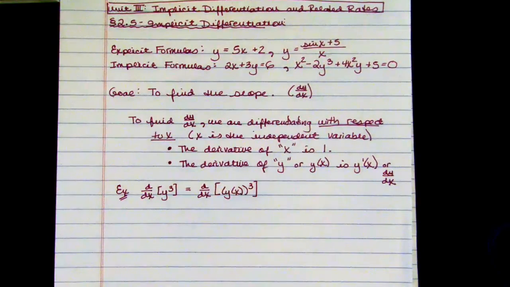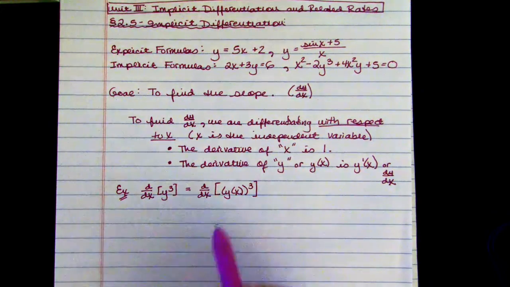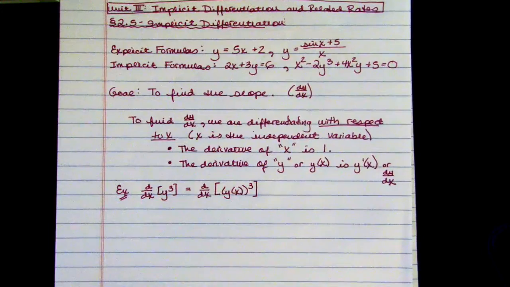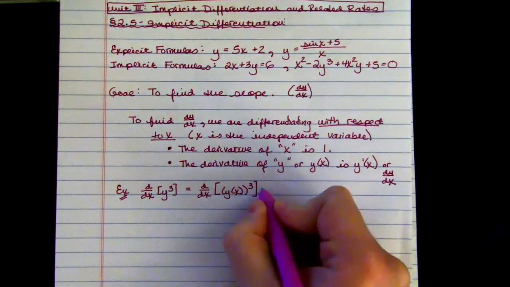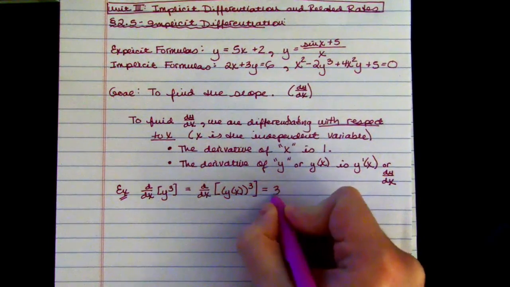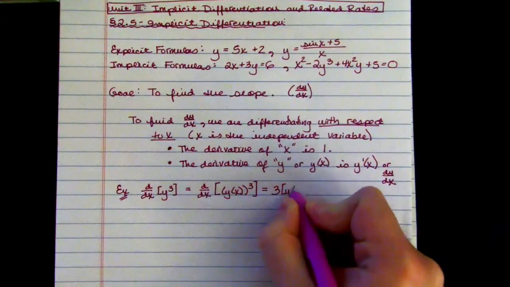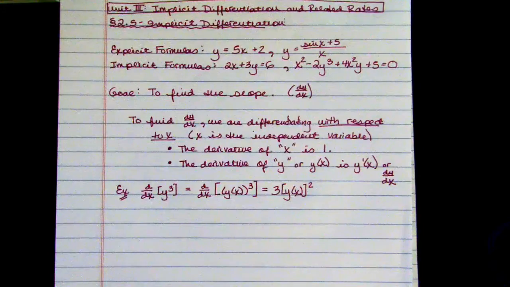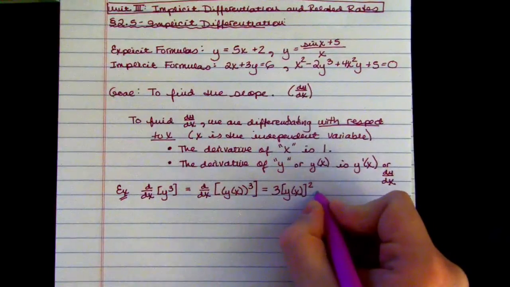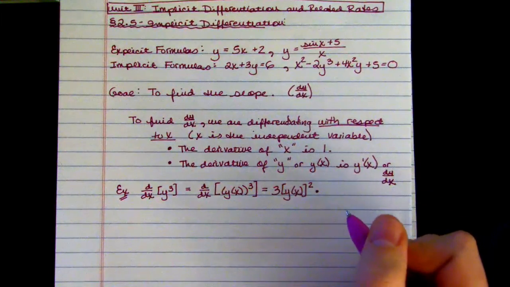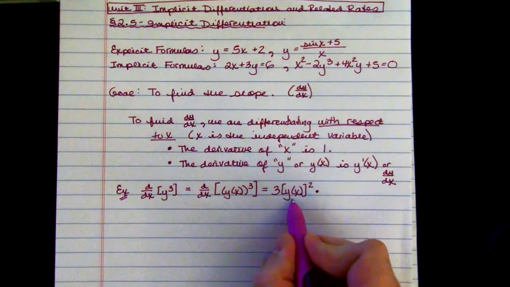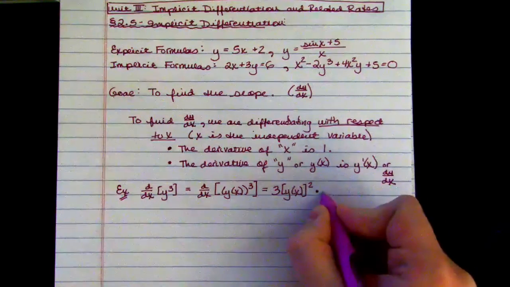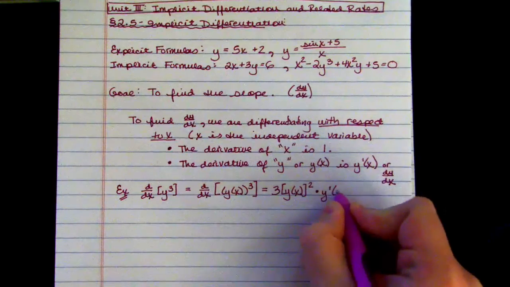And if I want to find the derivative of this, I have to use the chain rule, because I have one function inside another function. My chain rule says I'm going to take the derivative of the outside: 3 times y of x, that thing, squared. But by the chain rule, I then need to multiply by the derivative of the inside. What's the derivative of y of x? Well, it's y prime of x.